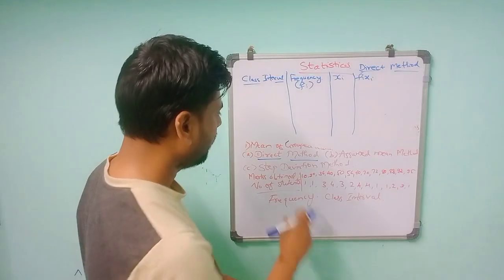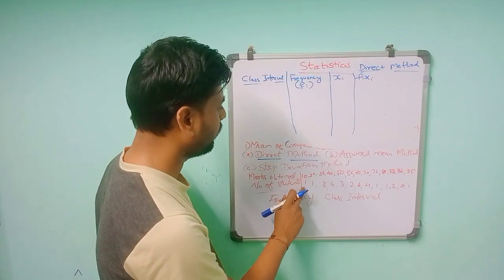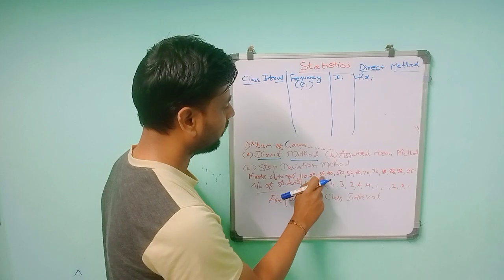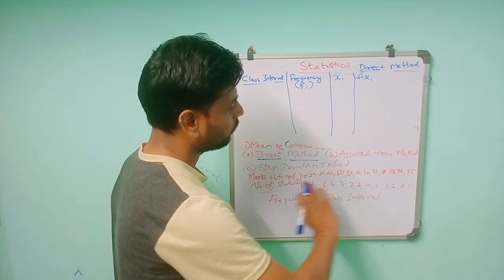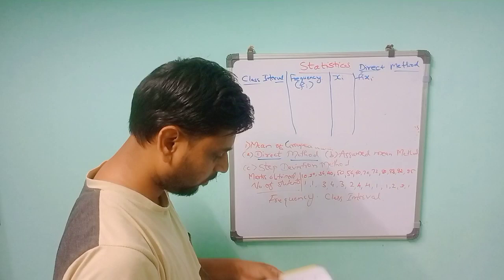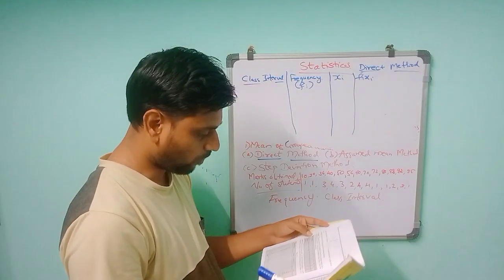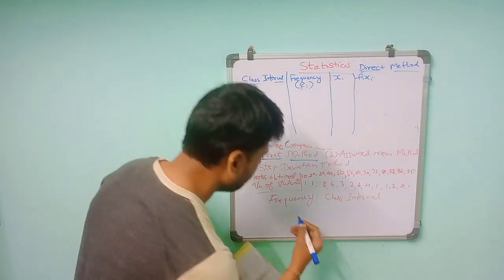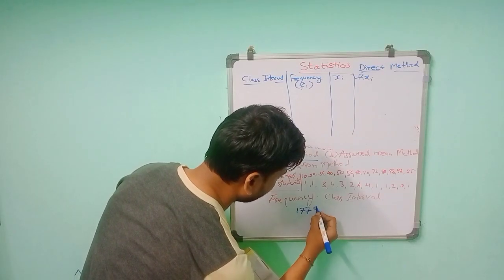Directly means 10 marks was obtained by one student, so 10 into 1, 20 into 1, 36 into 3, 40 into 4, 50 into 3. As you do the calculations, we get the whole answer as 1779. This is the normal method.